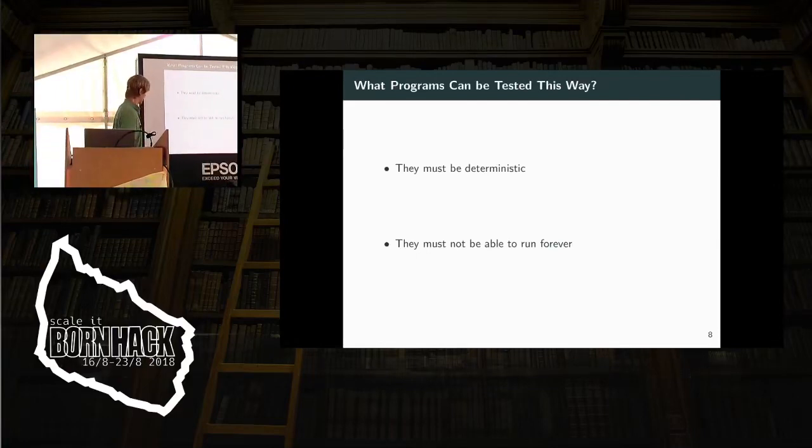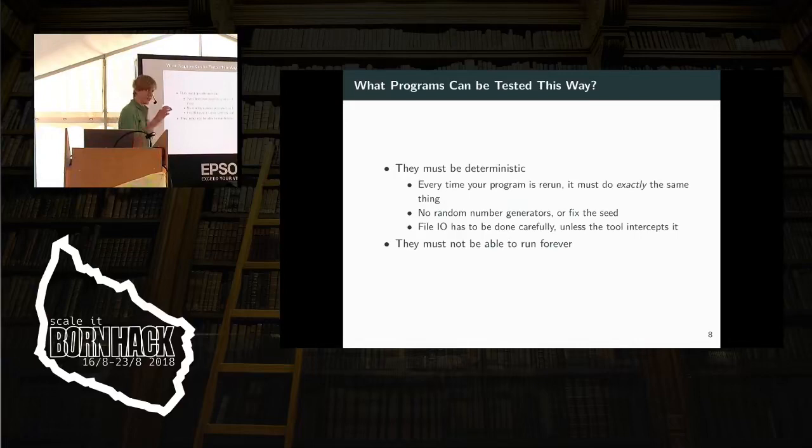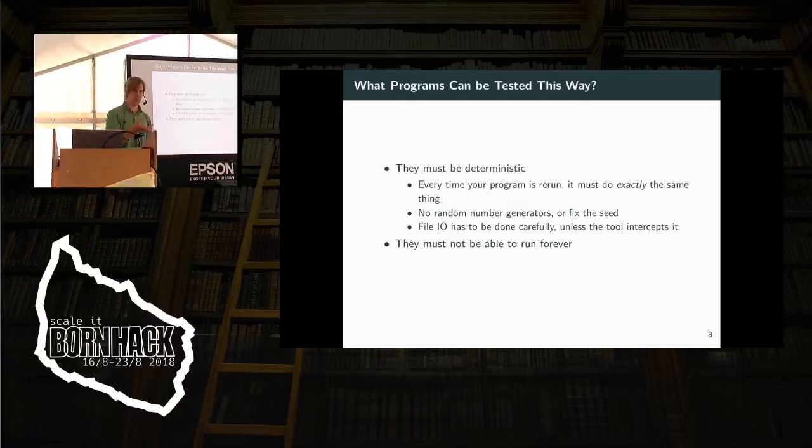The first limit is that the input program, the unit test, must be deterministic. What that means is that every time Nidhugg reruns your program, it must do the exact same thing it did the first time. So you're not allowed to look at what the time is and branch on that, like a random number generator would do.